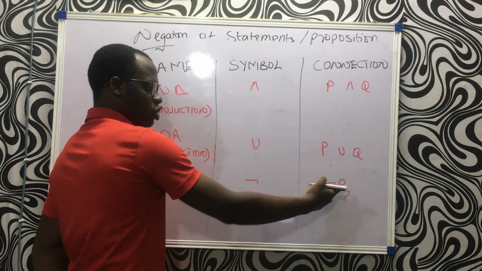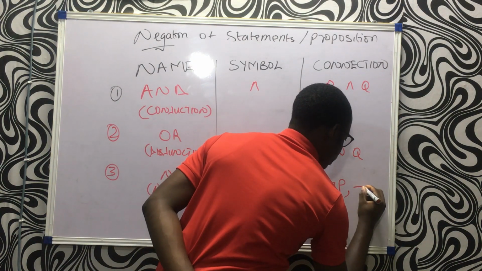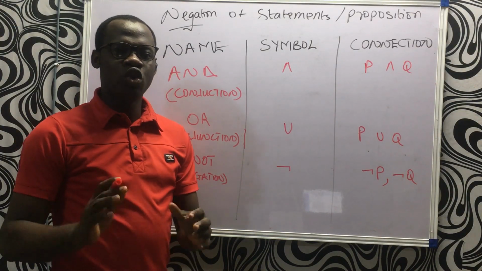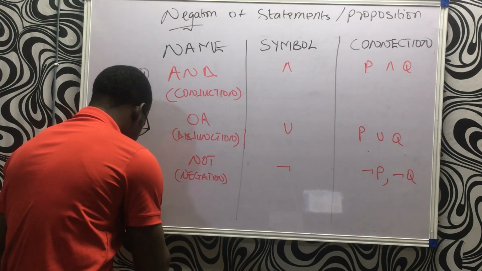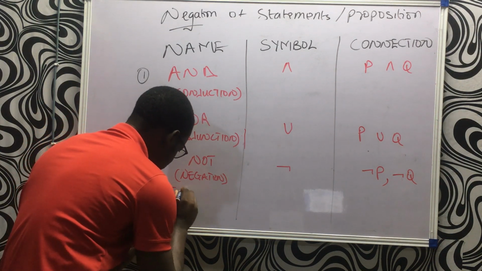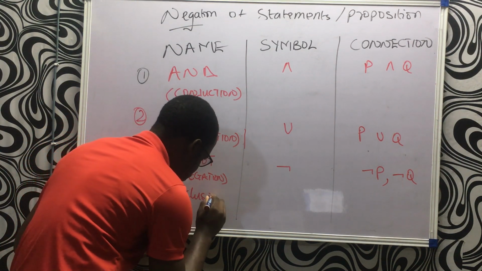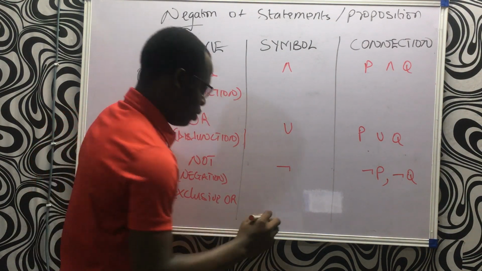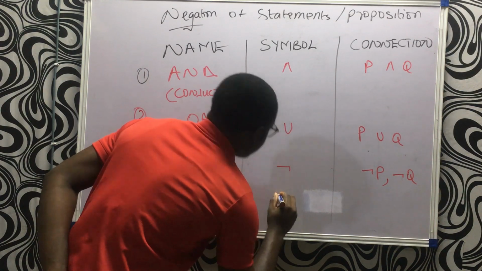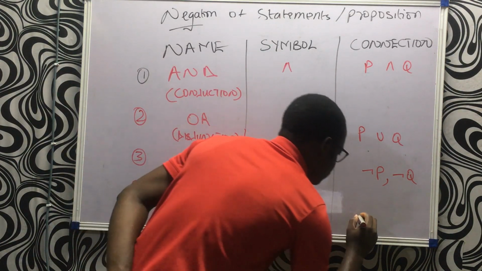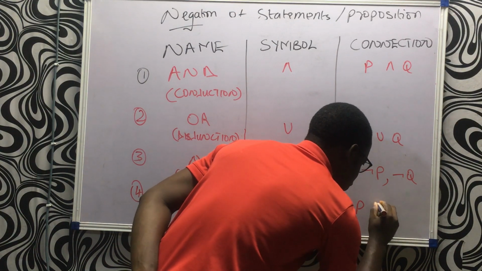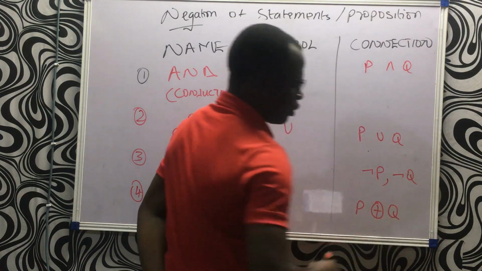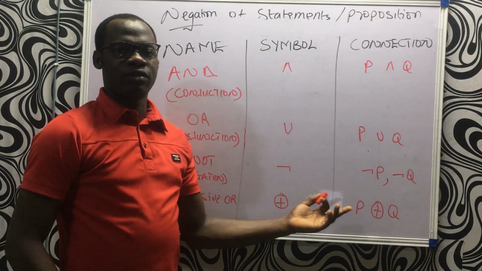Negates P, not P. Or negates Q, not Q. We also have another one known as the exclusive or. Now the symbol for the exclusive or is this, and then the connection, you have something like this, P exclusive or Q.